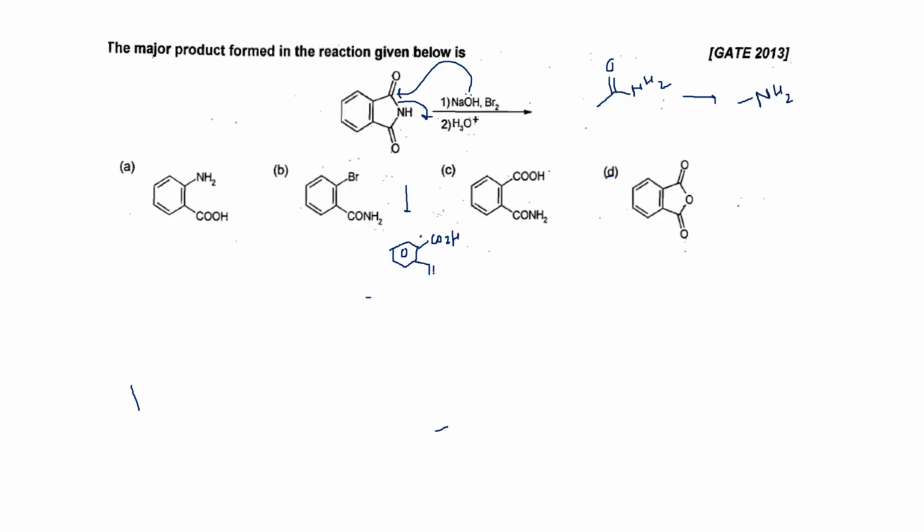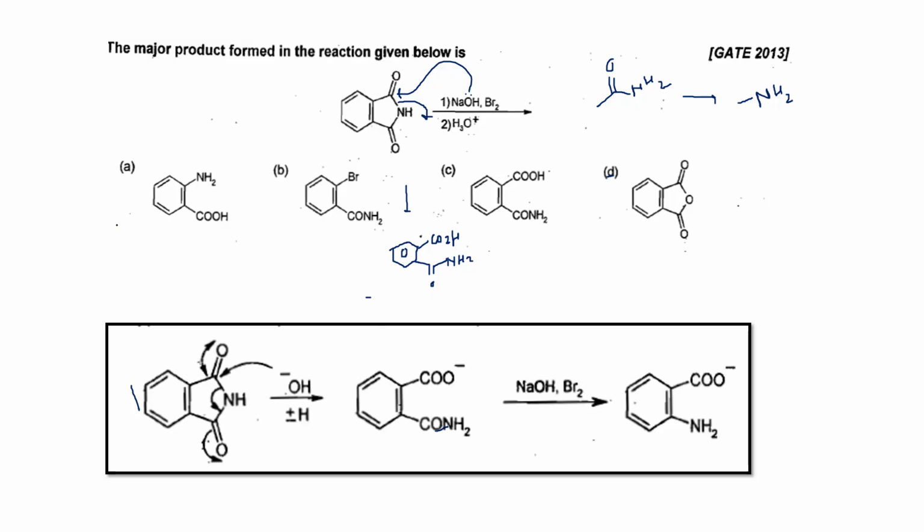Now as it is in the system, and as I told, in presence of Hofmann degradation reagent, amide will transfer to amine. So the correct option is option A, because this amide will transfer to amine. So the correct option will be option A.